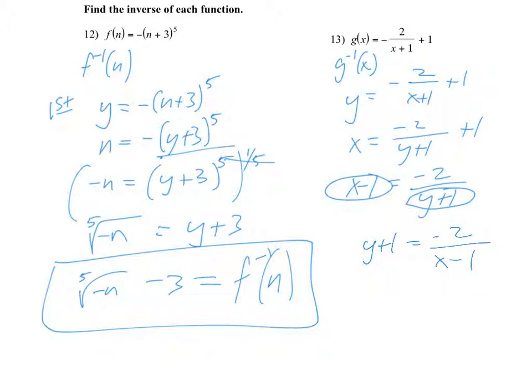We want y by itself, so subtract 1. Y equals negative 2 over x minus 1, minus 1. So g inverse of x equals negative 2 over x minus 1, minus 1.